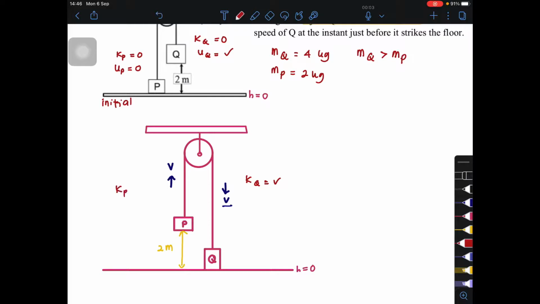And then kinetic energy for P as well. And now Q is at this point here, so no potential energy. Okay, but P is 2 meters above this position. So there will be potential energy for P.